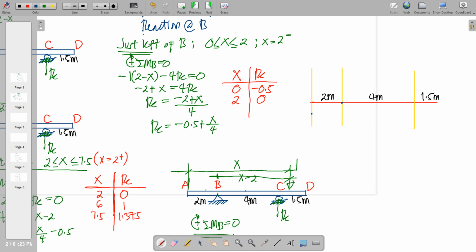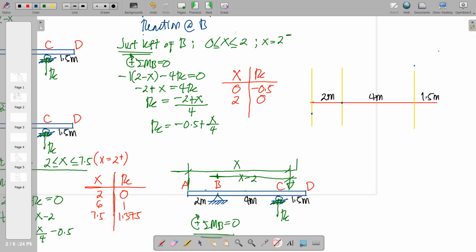And then x is greater than 2, so 2 plus, still we have 0 value for just left and just right of B. And then x equal to 6, your value shall be equal to 1. And then when x is 7.5, we have RC equal to 1.375.